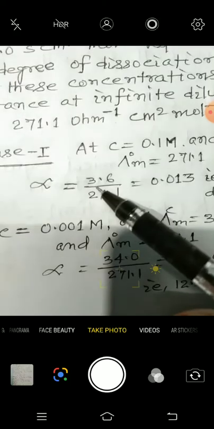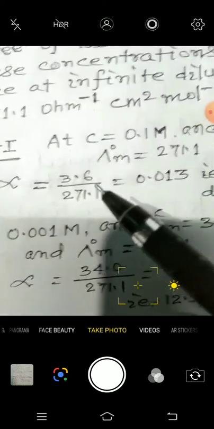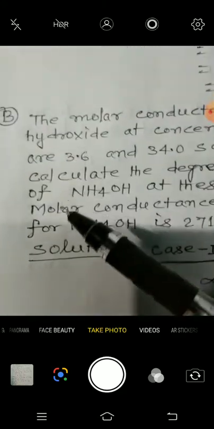With the help of the formula of the degree of dissociation, you can get the degree of dissociation in this way. So this is another numerical. In this numerical the degree of dissociation is to be calculated at two concentrations, that is 0.1 M and 0.001 M. It is given in the numerical.